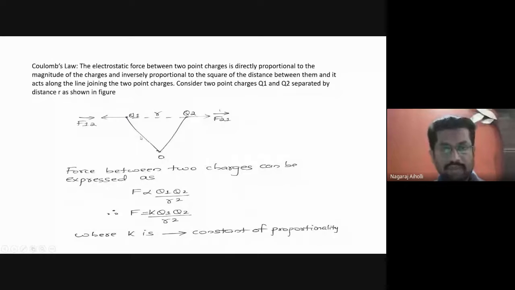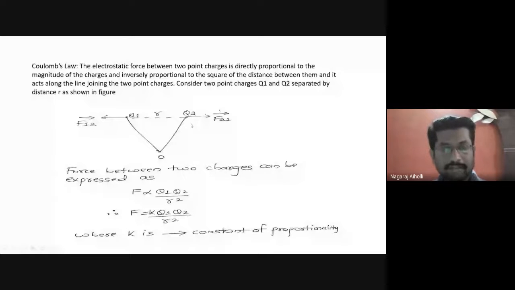Then the force acting between these two charges is directly proportional to the product of the magnitude of the two charges and inversely proportional to the square of the distance between them. Not only the distance, it is inversely proportional to the square of the distance.